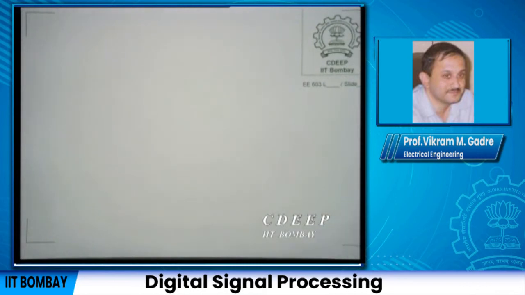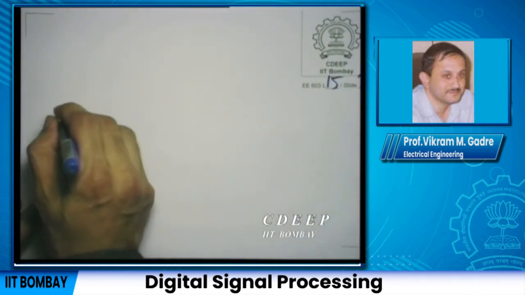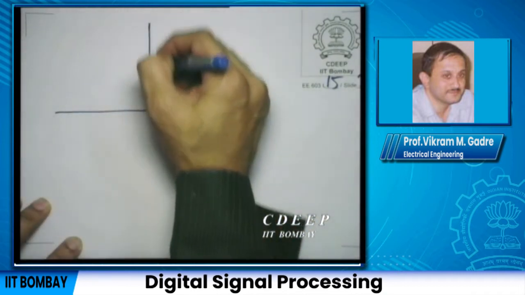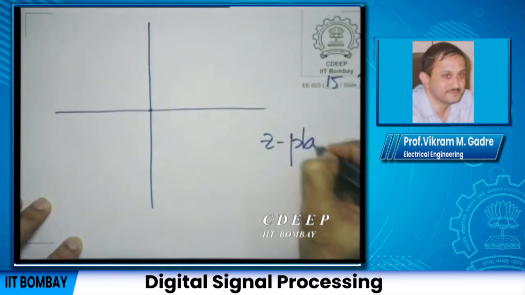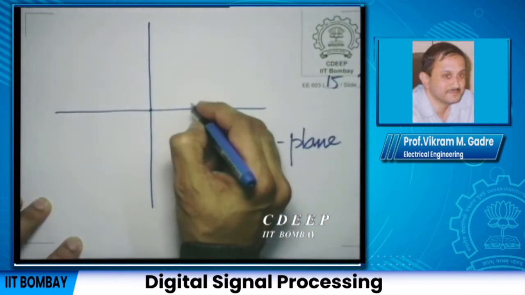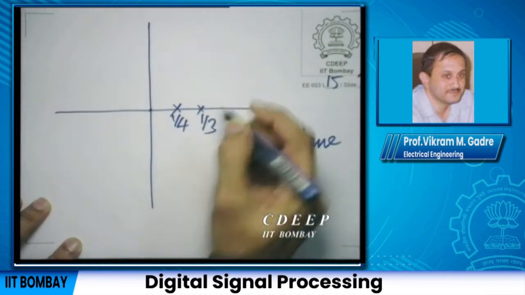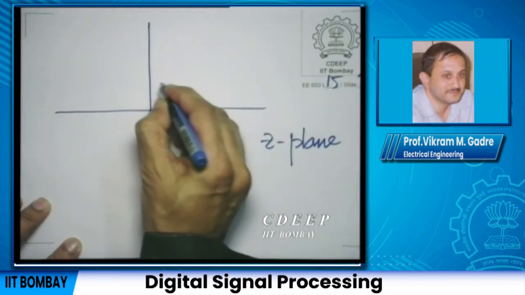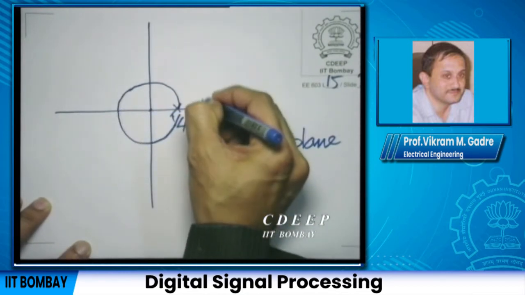What possible regions of convergence can we have? Let us mark them. You will have to identify concentric circles. So, this is the Z plane again, complex plane. You have 1/4 here, you have 1/3 there. Let us draw concentric circles with the center at the origin passing through each of these singularities.